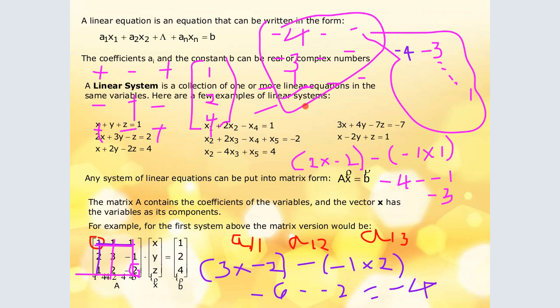You have 1 over determinant. That's why we started by finding the determinant. And the determinant you use is that of matrix A. Then we are going to get the values of x, y, and z as they are indicated in this order, x, y, and z. Anybody with a question up to that point?